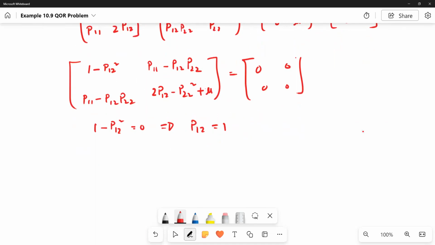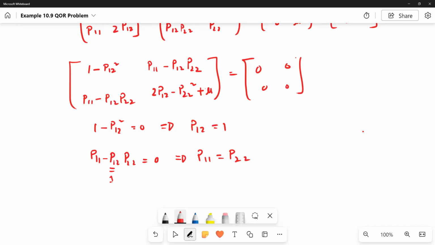Similarly, the second equation is P11 minus P12, P22 equal to 0. And since P12 is 1, you can easily write that P11 will be equal to P22.